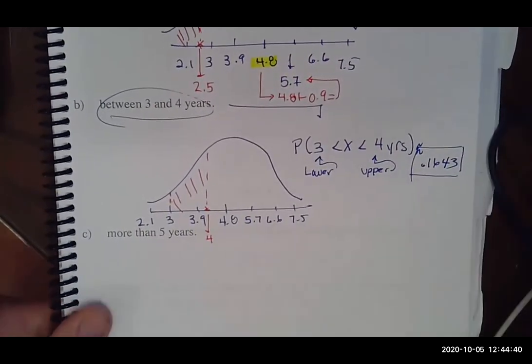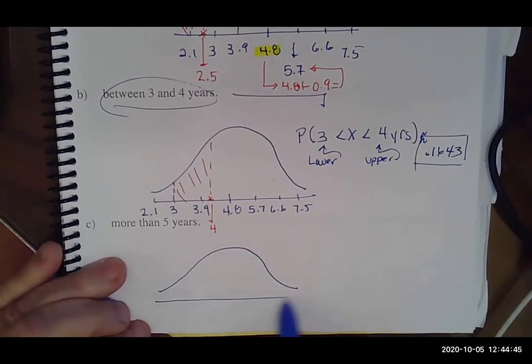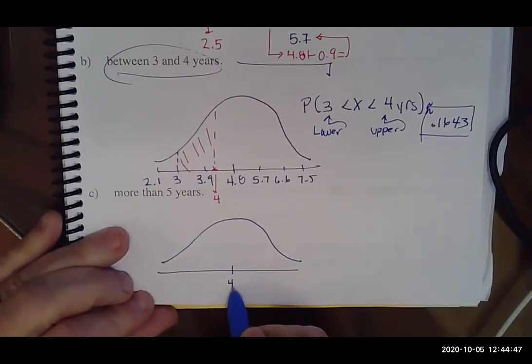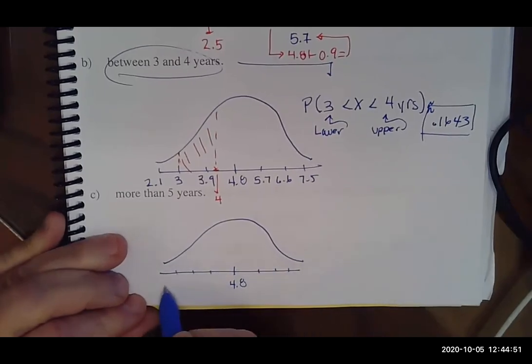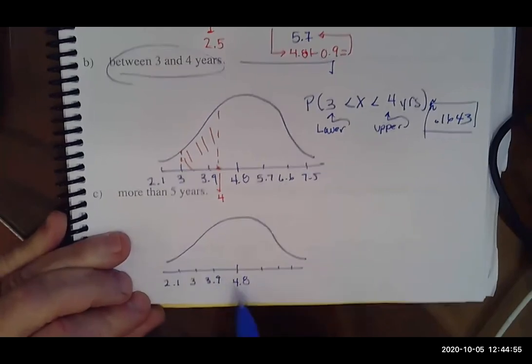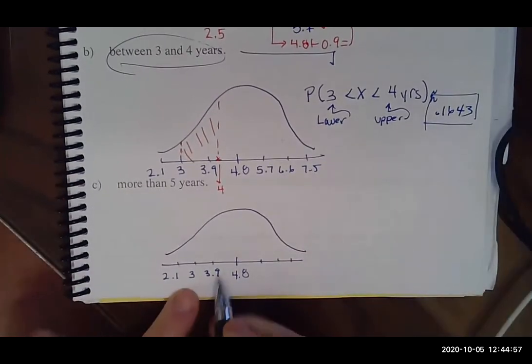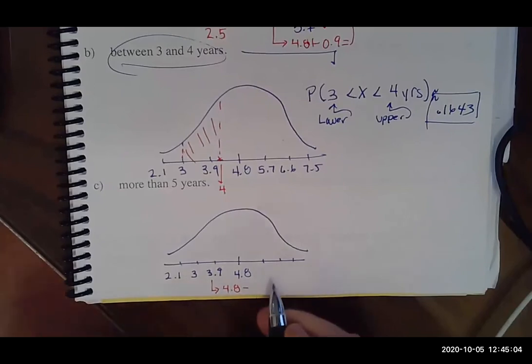And more than 5 years, so then you go bell-shaped curve again. Oh, how did we get that? So this right here comes from 4.8 subtracting a standard deviation.